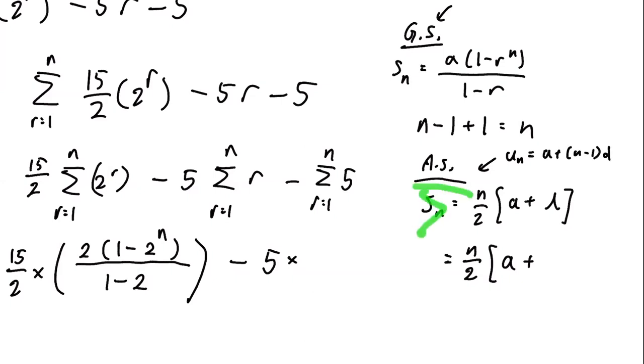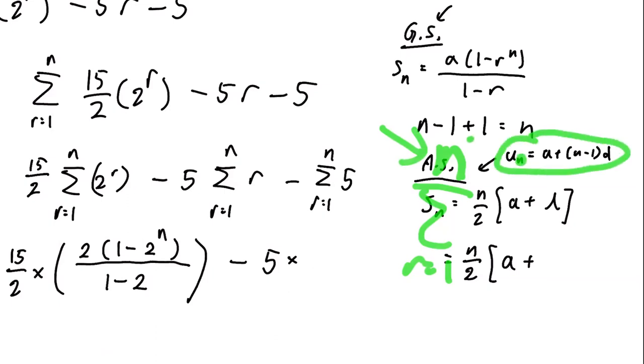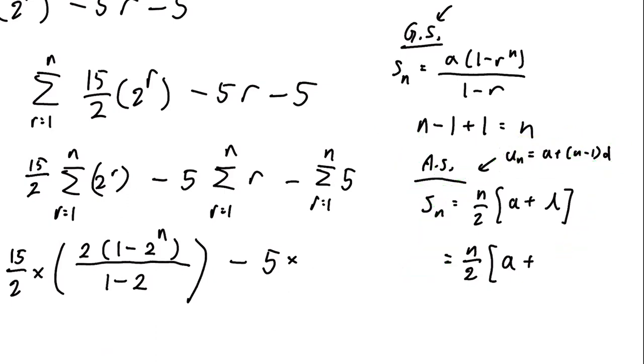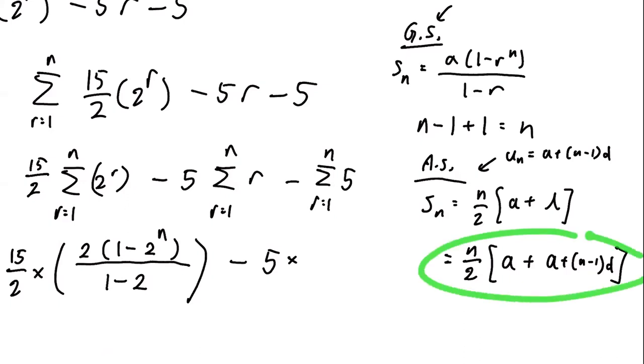When you take a summation r equals 1 to n, when the index r equals n already, that is your last term. So using this formula, the n is already there. That means you can replace the l with the nth term, un. But we know what un is. It's just a plus n minus 1 times d. So this is another version of the formula for Sn.